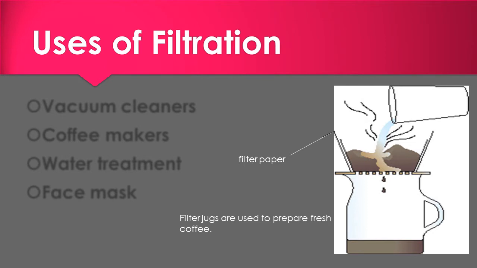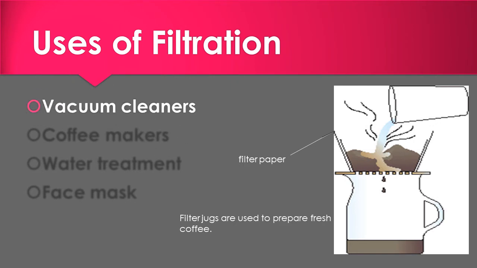These are the uses of filtration in our daily lives. This is the idea behind vacuum cleaners. Vacuum cleaners suck up all the dirt and dust from your floor, and if you open the vacuum cleaner, it has a filter that traps these dust particles. Also with the coffee maker, it traps the granules of the coffee, but allows the water to pass through.